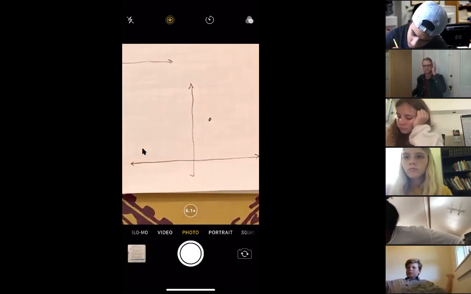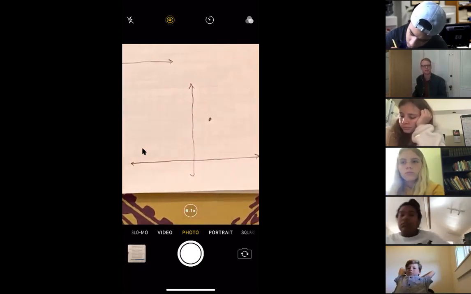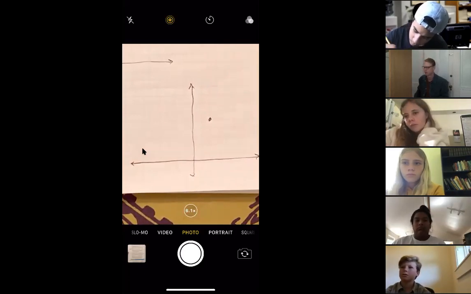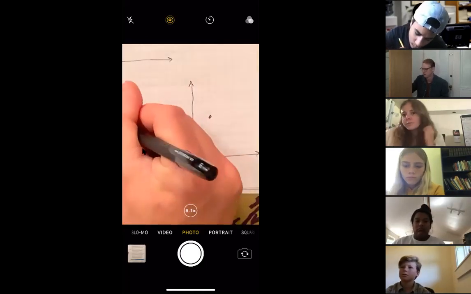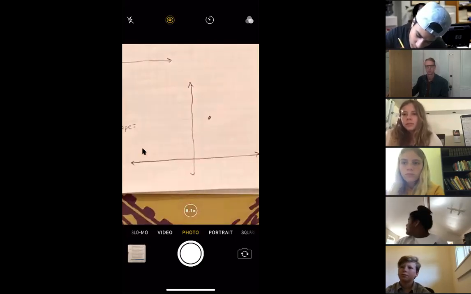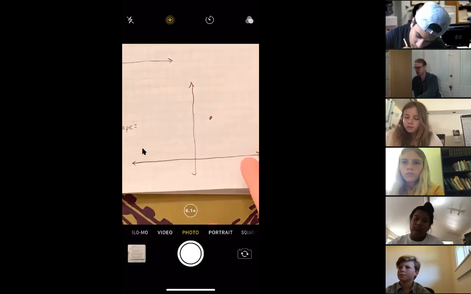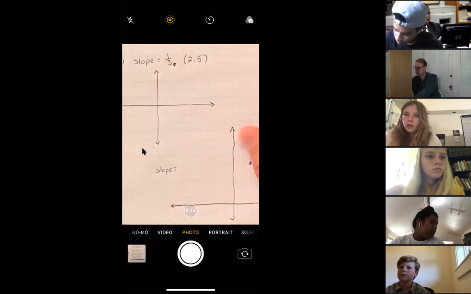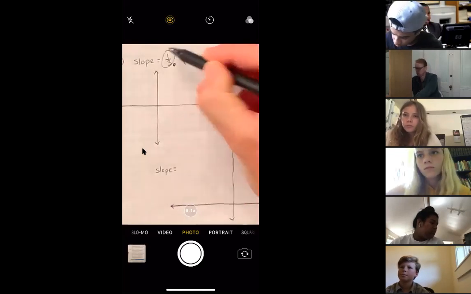All right. And Clem, what's my slope? We wrote it down earlier, but it's also on the problem. What's the slope again? Is it 1/3?